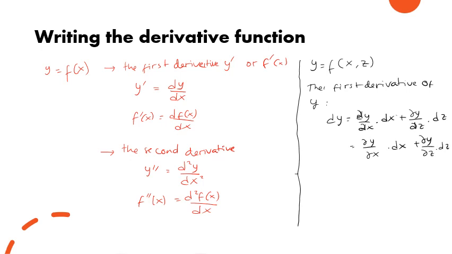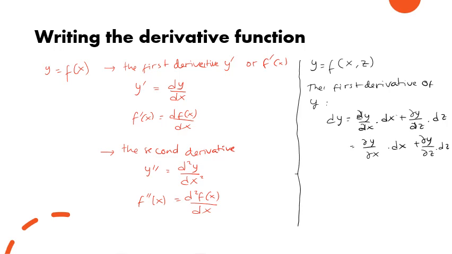Okay, so you cannot derive all of the y function directly with both x and z, but you need to derive that one by one. That's why it is important now that we distinguish the writing of the derivative, and it is very important if we meet a function with more than one independent variable.